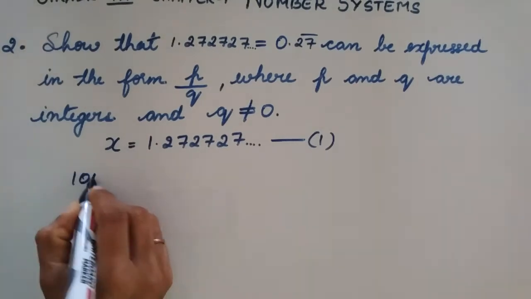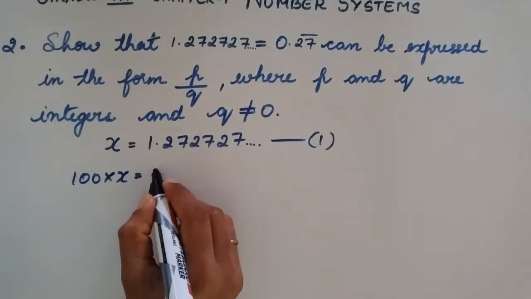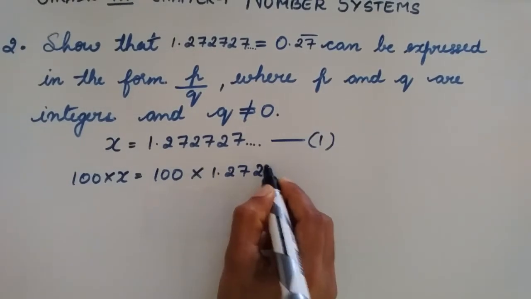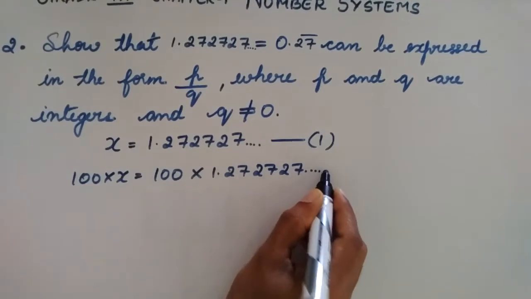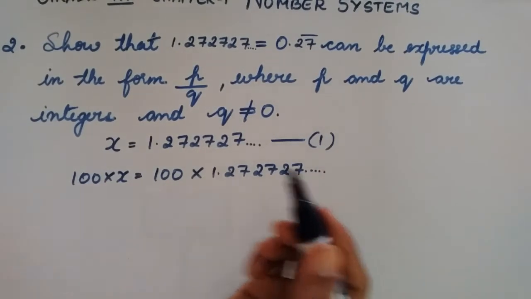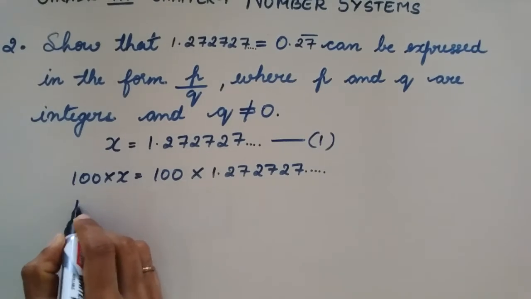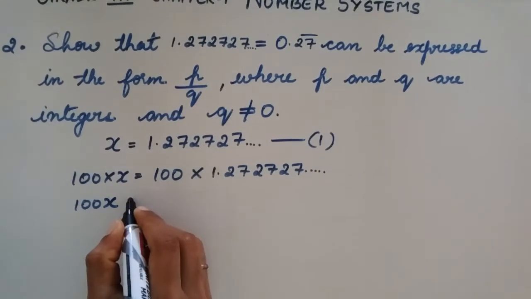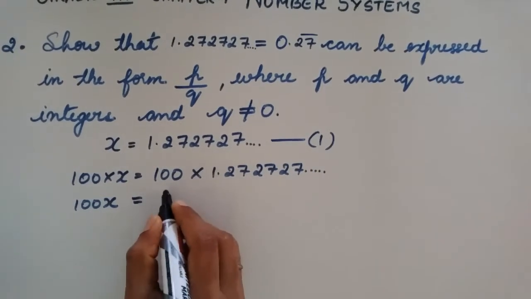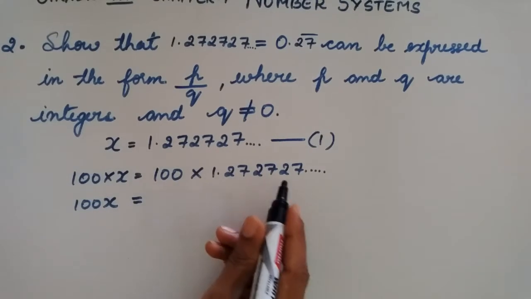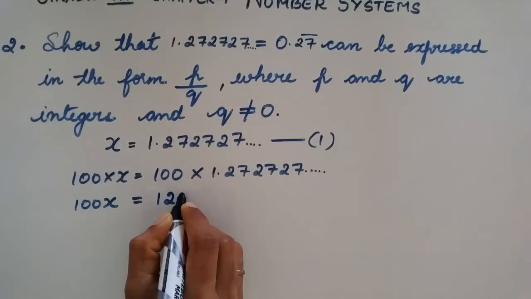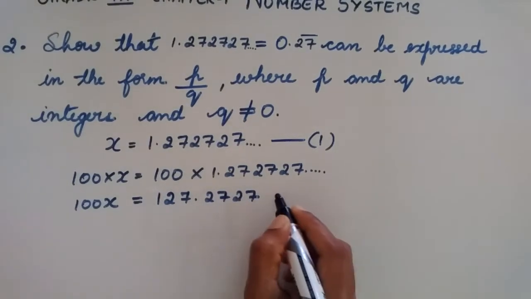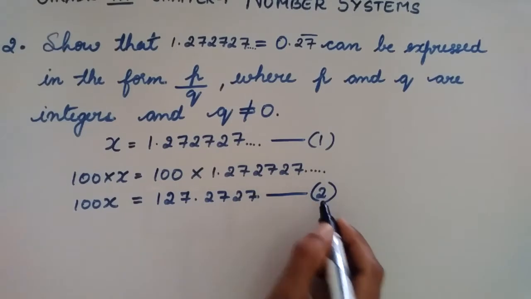That is 100 into x is equal to 100 into 1.272727... And then we get 100x is equal to 100 into 1.272727..., which gives you 127.2727... This you take as equation 2.